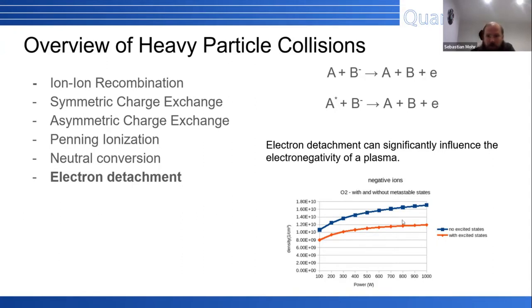And again, you see whether we include the states of this reaction can make quite a significant difference in the number of negative ions, which can then influence again the electron temperature, and via this, for example, your neutral radical densities. So as you see, having good data for your reactions and including all important reactions is important to get accurate results.